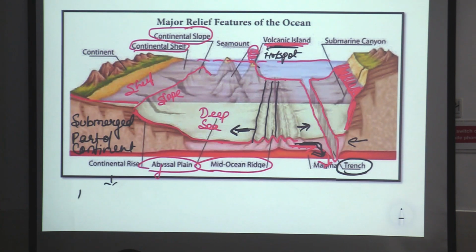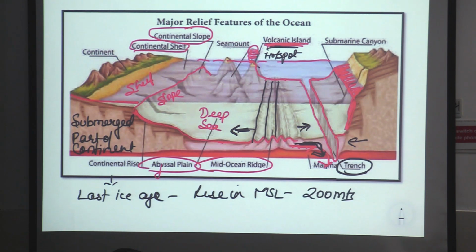Because after the last ice age, there was rise in mean sea level to the tune of 200 meters. Now, if the mean sea level rises to the tune of 200 meters, by default it will inundate low-lying areas. And that is how maximum of the continental shelves have developed.